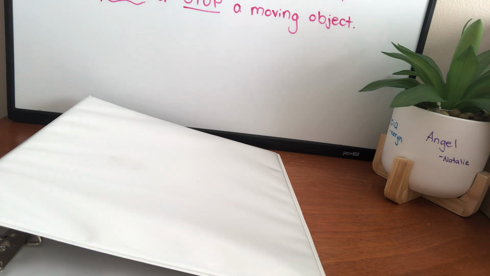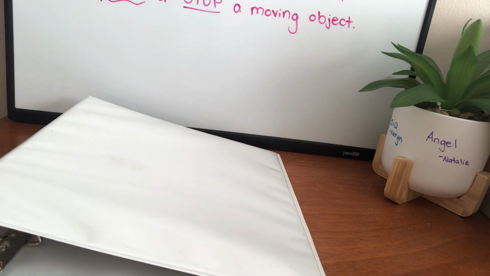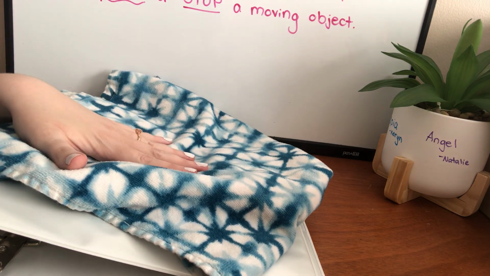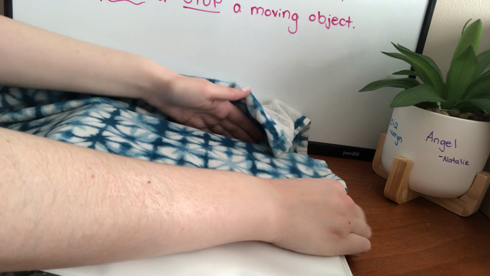So if I put a crayon up at the top of here, my crayon would just roll right down. And I also have a towel here, just like a regular kitchen towel. I'm going to lay it out and I'm going to put it like here.